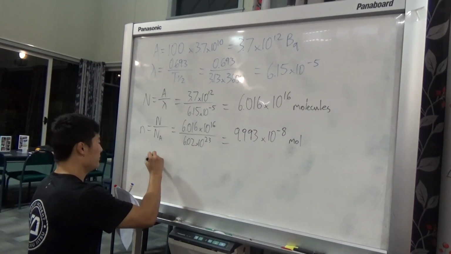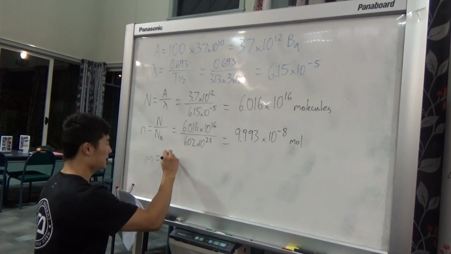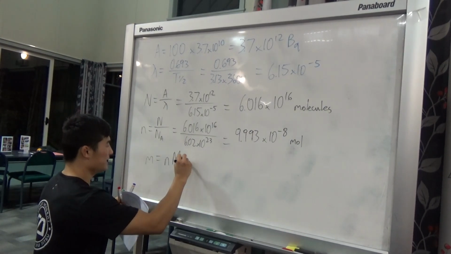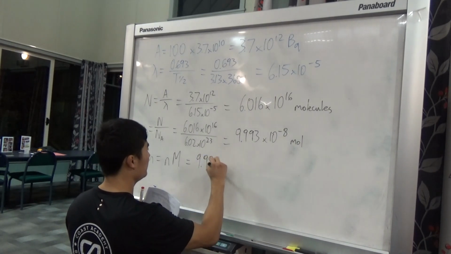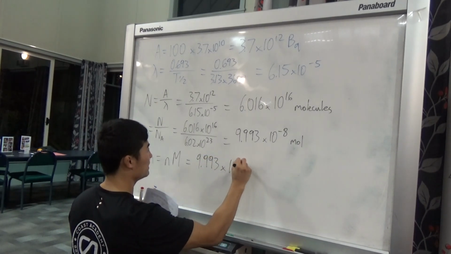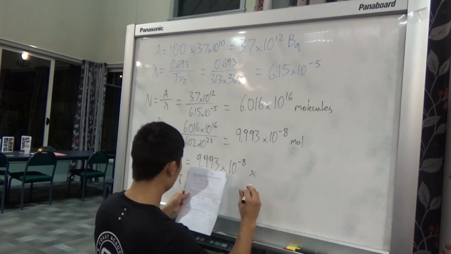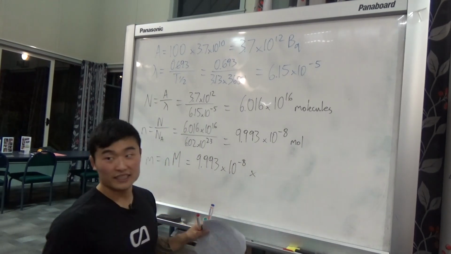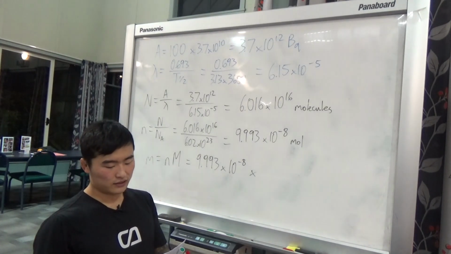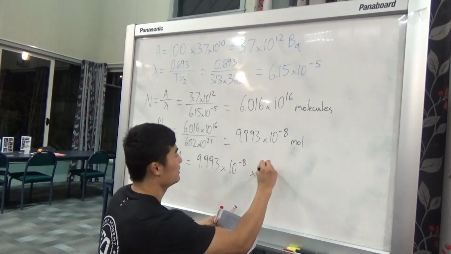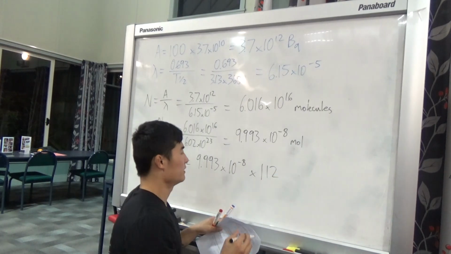And then the mass can be calculated from the moles and the molar mass. So 9.993 times 10 to the negative 8 times your molar mass. What's that going to be? What's our molar mass? Yep, 112. So that's the top number.